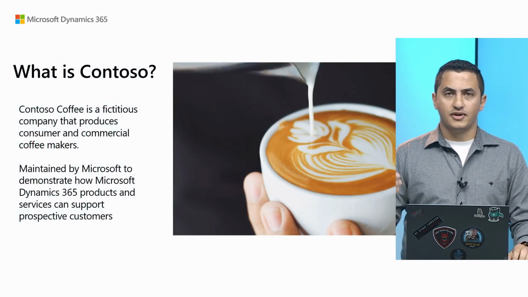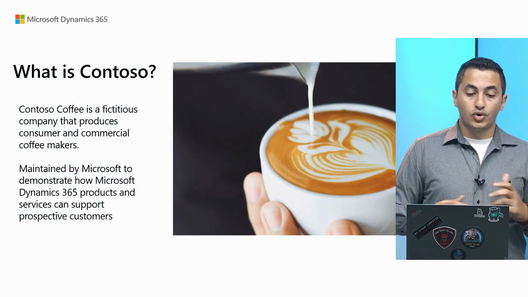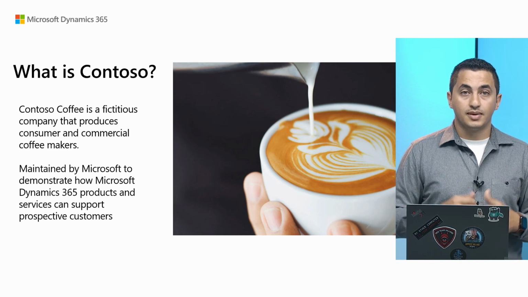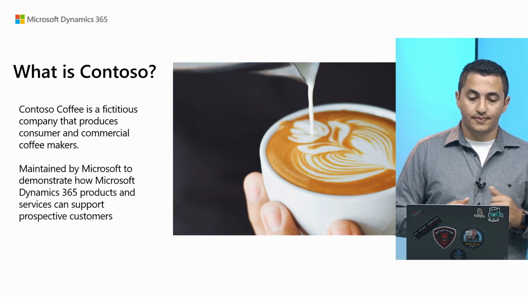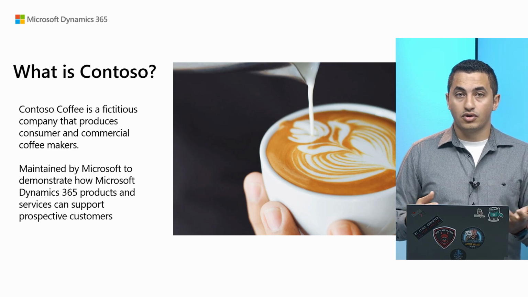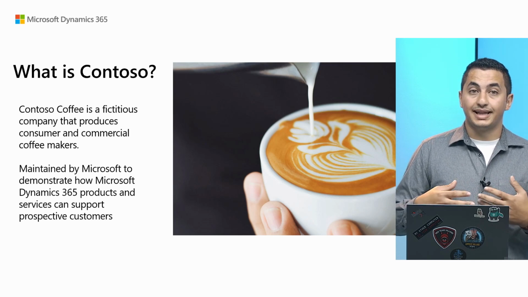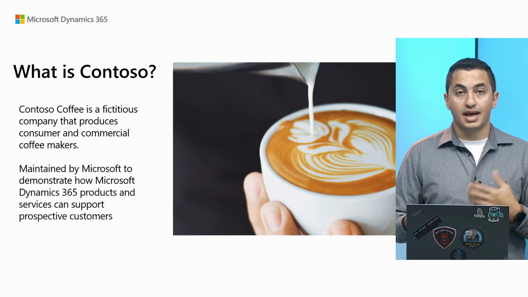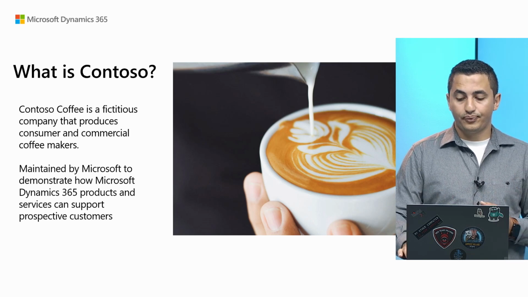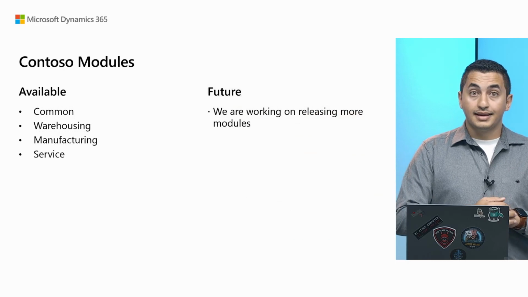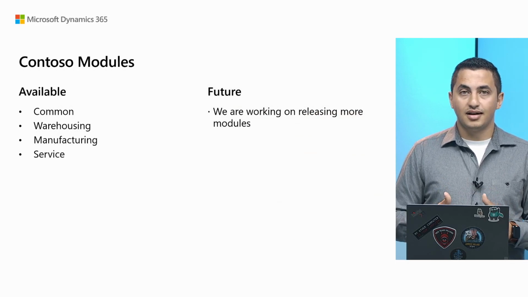So let's start. First, what is Contoso? Contoso Coffee is a fictitious company that produces coffee and coffee machines. It is an initiative across Dynamics 365 products to demonstrate different features and services that we offer. And Contoso Coffee is not a new thing.